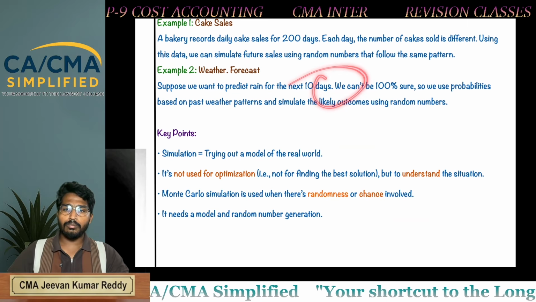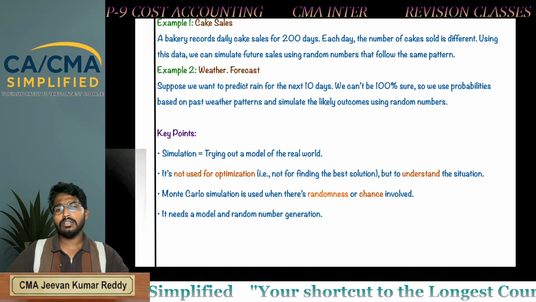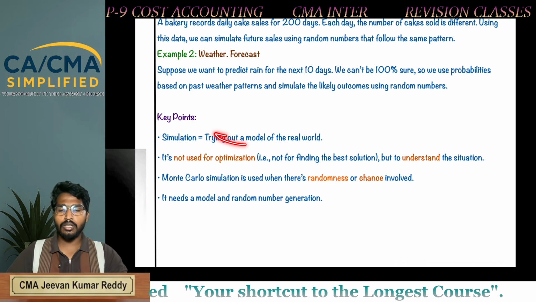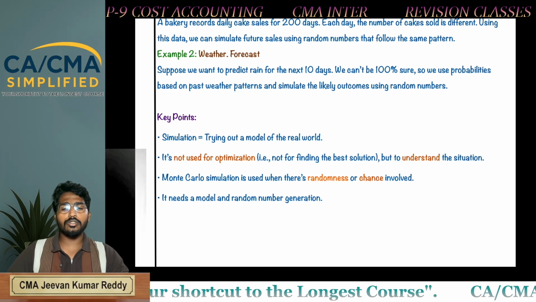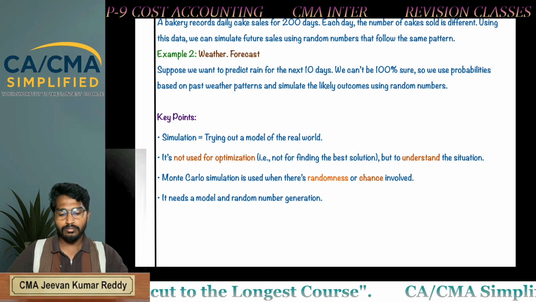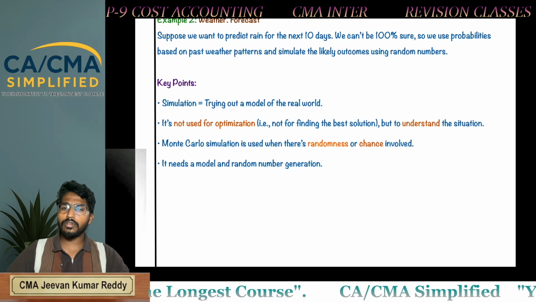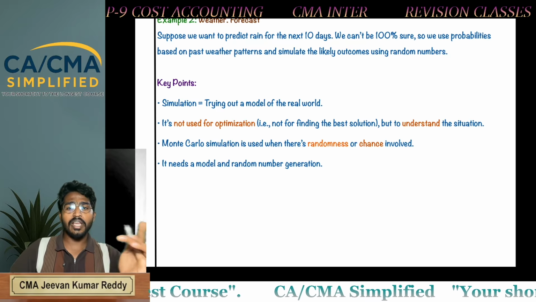Based on the previous week data, we are going to predict the next 10 days weather forecast. Key point, simulation is nothing but trying out a model or an experiment of real life situation without doing it in real. It is not used for optimization. What is optimization? If it is a profit, you need to maximize the profit.